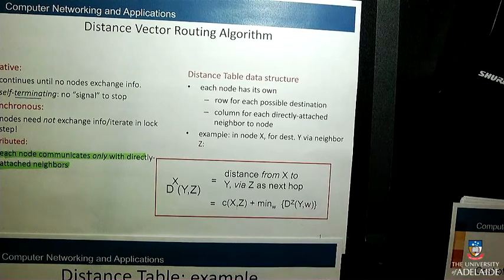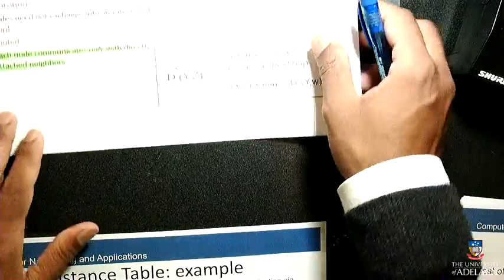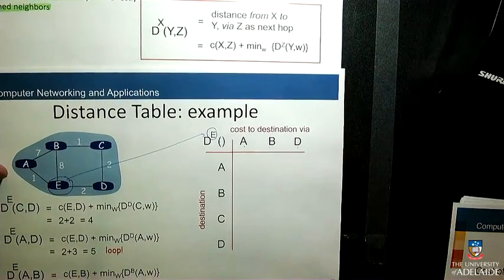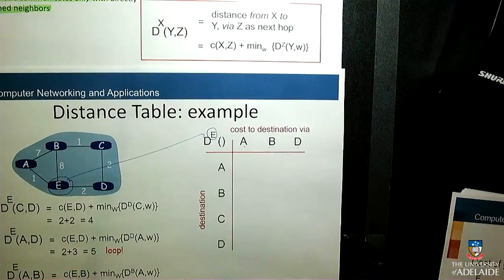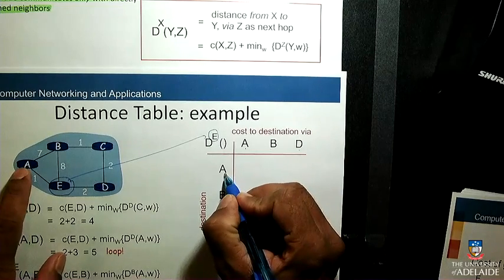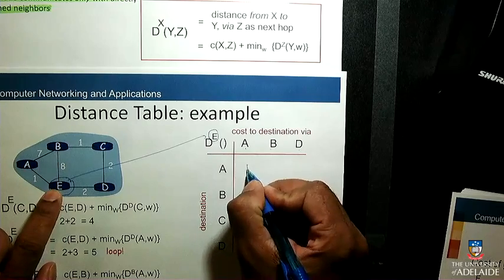Okay, so let's have a look at an example. Just keep that up there. This table is already filled out in your notes. Let's pick a couple of examples. If my destination is A, the cost of going to A via A is just going to be 1.